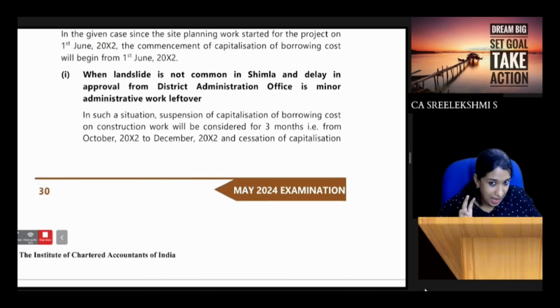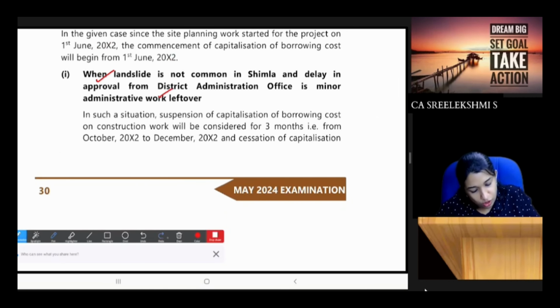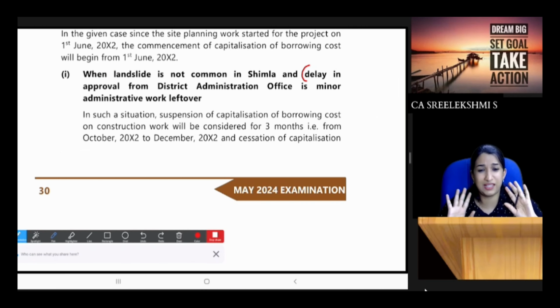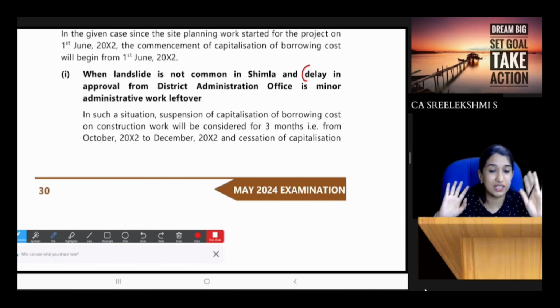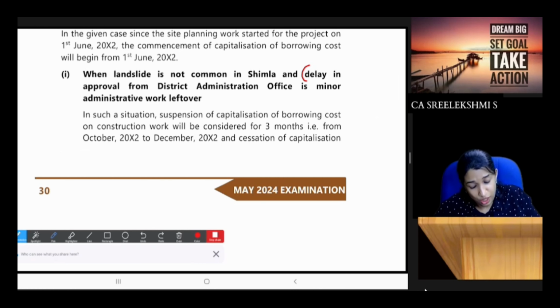So first answer, when landslide is not common in Shimla, and there is delay in approval from district administration offices, with only minor administration work left over, then you cease capitalization. Substantially all the work is completed, so cease capitalization. So capitalization should be done from 1st June to 30th September.